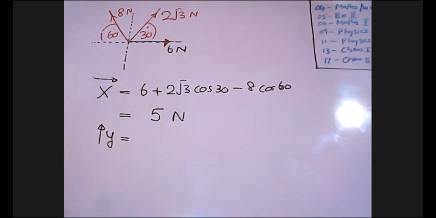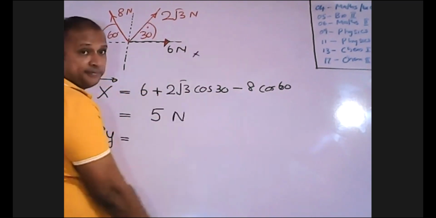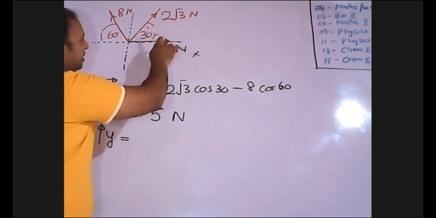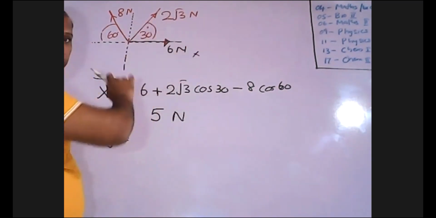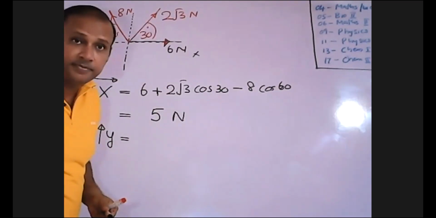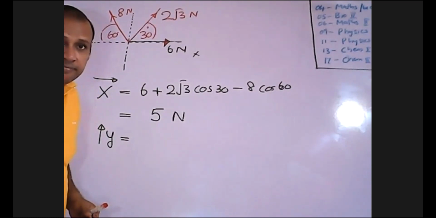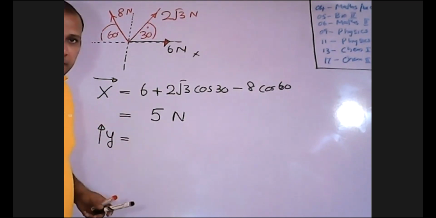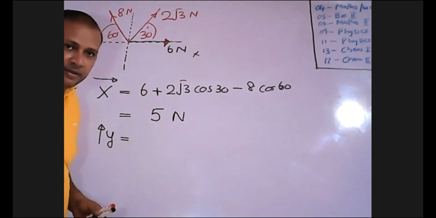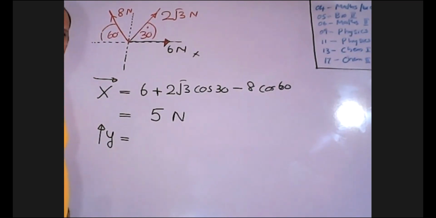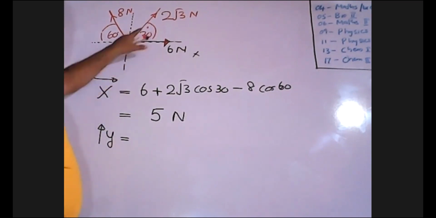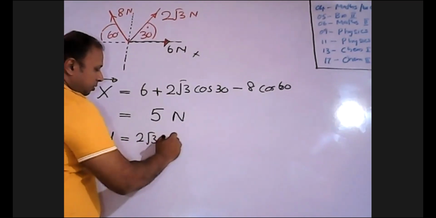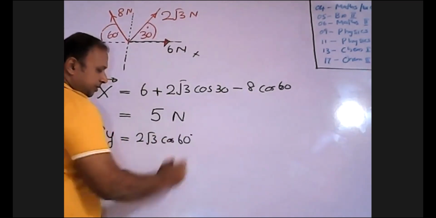If I resolve it in the y direction, there won't be any component from the 6 Newton force because it is in the x direction. Then from this force, 2√3 cos 60.